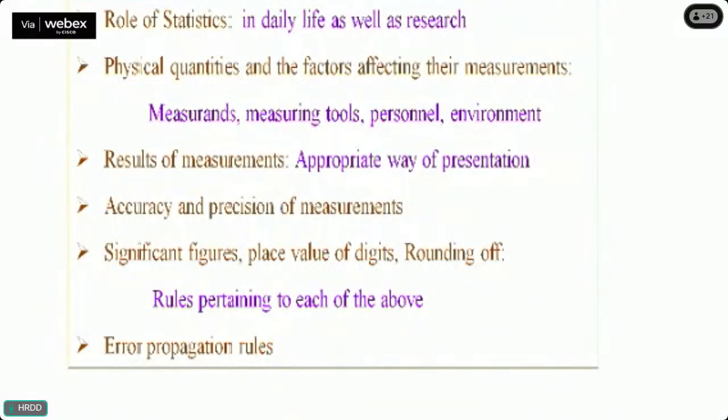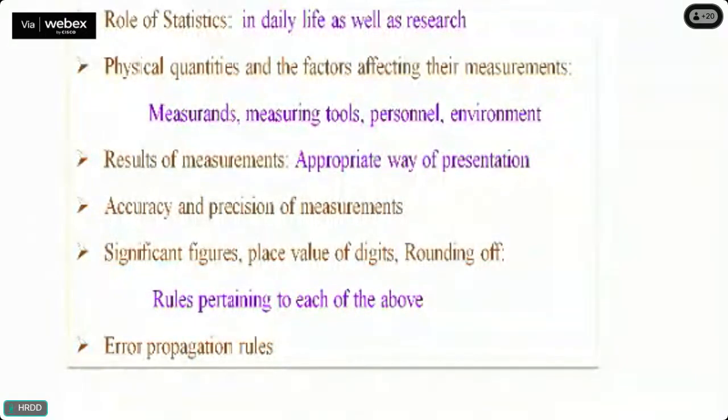These are the things we discussed. We just got introduced to statistics, the different quantities, different parameters like measuring tools, the persons involved, and the environment, which affect the measurements. Then we discussed the results of measurement and the appropriate way of representation.